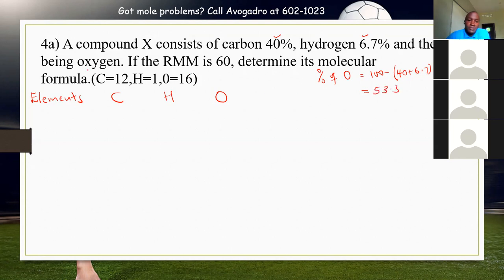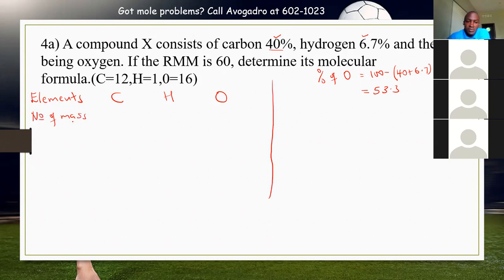Remember last time I told you, if you are given percentages, we can assume indirectly that you are given the mass. So that when we are finding the number of moles, at least we have seen that number of moles is equal to the mass given over the RAM.